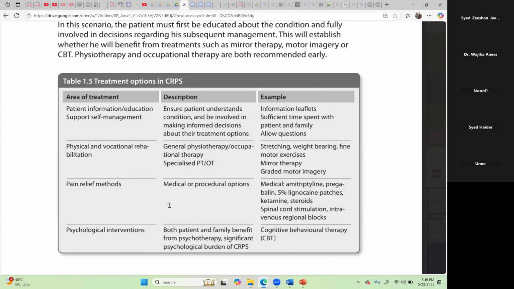Pain relief, medical or procedural options. Medical: amitriptyline, pregabalin, lignocaine patch, ketamine, steroids, spinal cord stimulation, and intravenous regional blocks. Sympathetic blocks are also used, I think. Psychological: both patient and family benefit from psychotherapy given the significant psychological burden, CBT, cognitive behavioral therapy.